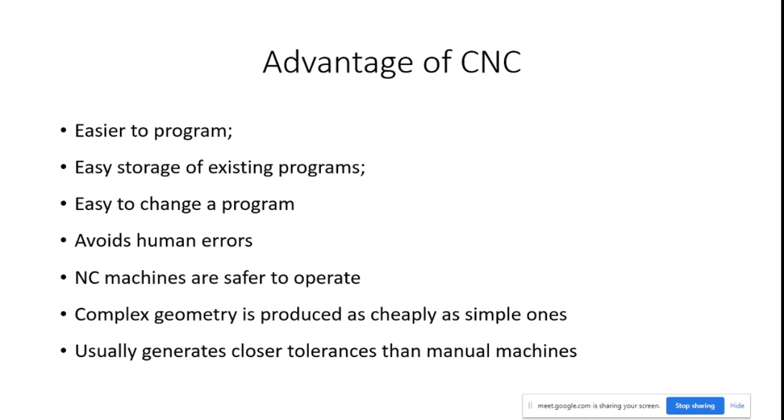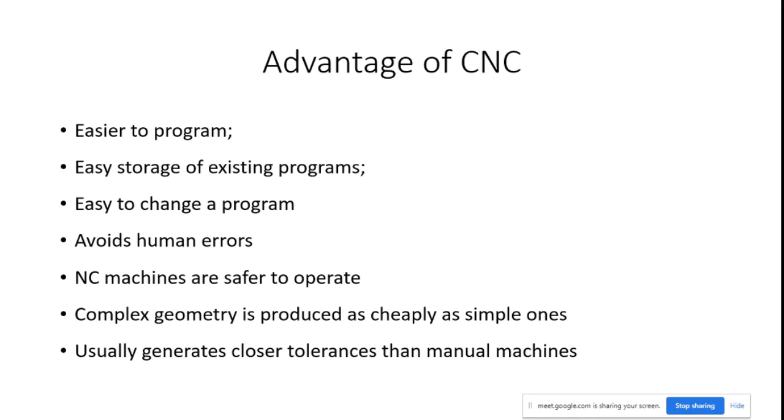Okay, now you are aware of the control systems, and how we can control CNC machines with the controller equipment. We should be aware of the advantages of the CNC machine. We can program easily, store the program easily, and change a program easily, which avoids human errors.